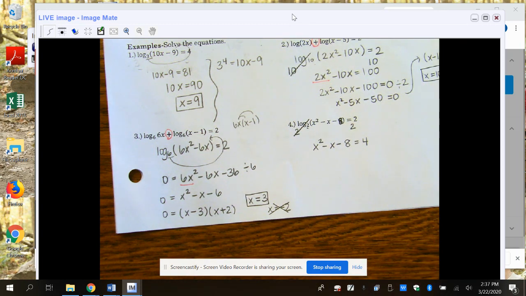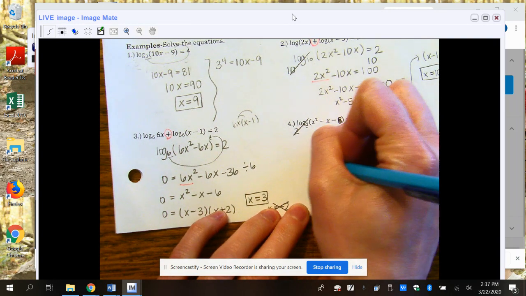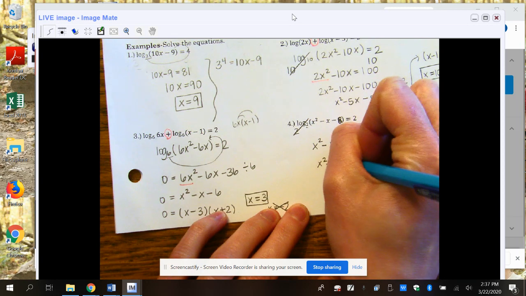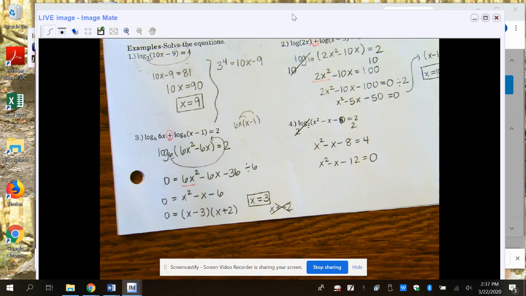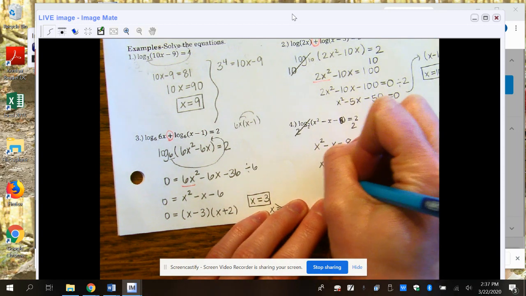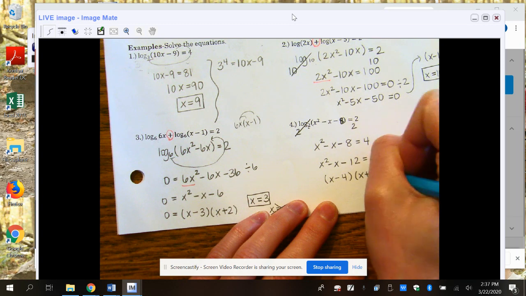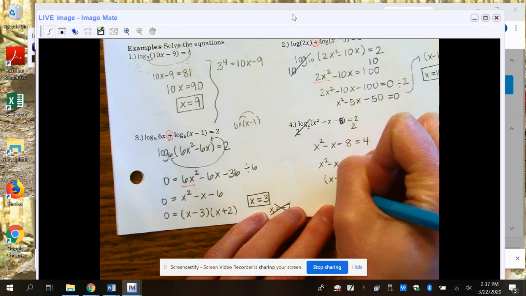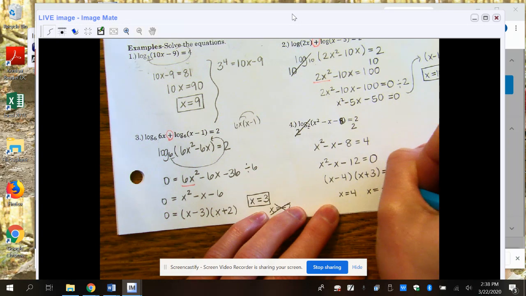All right, I've got a quadratic again. So now I'm going to subtract that 4 over here. We always want to keep our x squared term positive. These factors will be x minus 4 and x plus 3, which means that x can either be 4 or negative 3.